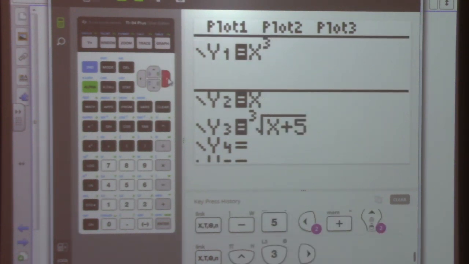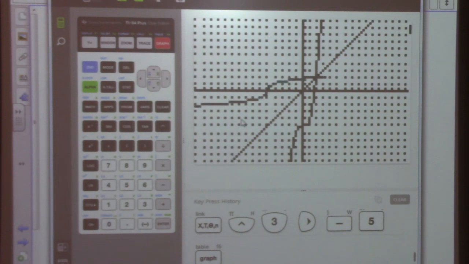And that's going to be minus 5, right? Yeah. And then we graph right here, and we see these two functions that are inverses of each other. All right? Okay, so you should be able to do those other ones, 19 and 21 and 22 pretty well, right?